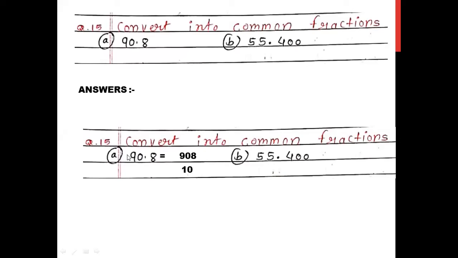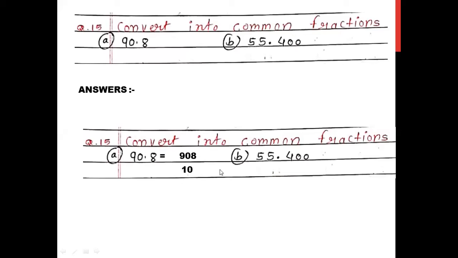This decimal fraction, 19.8, we convert into 198 upon 10. This number is converted into common fraction. Improper fraction, common fraction, anything you can say. Okay?